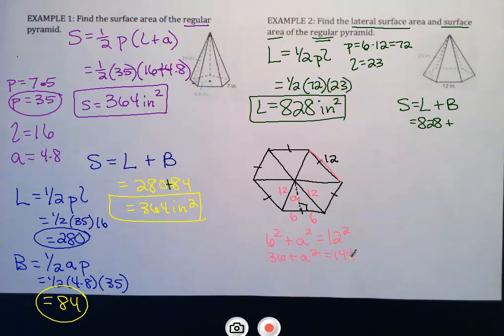Then what? We're trying to find a, our apothem. So we subtract 36, and we have a squared equals 108.